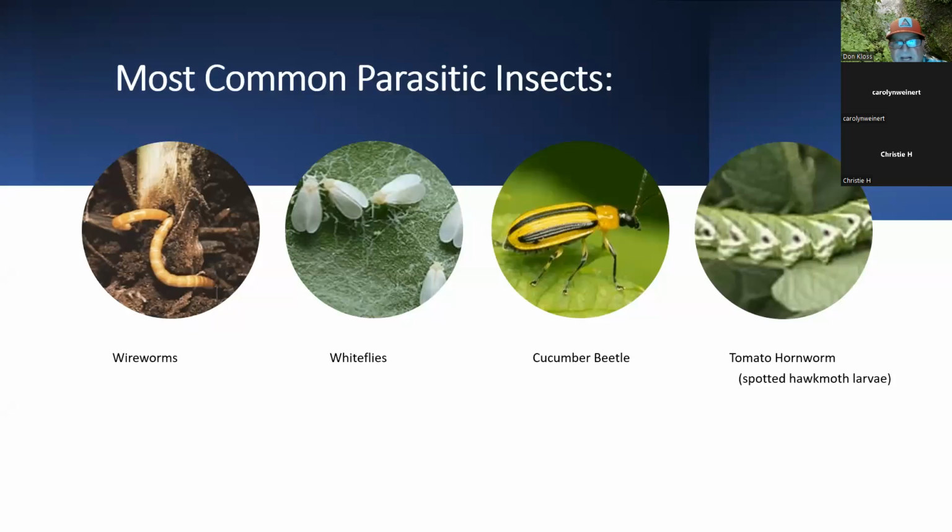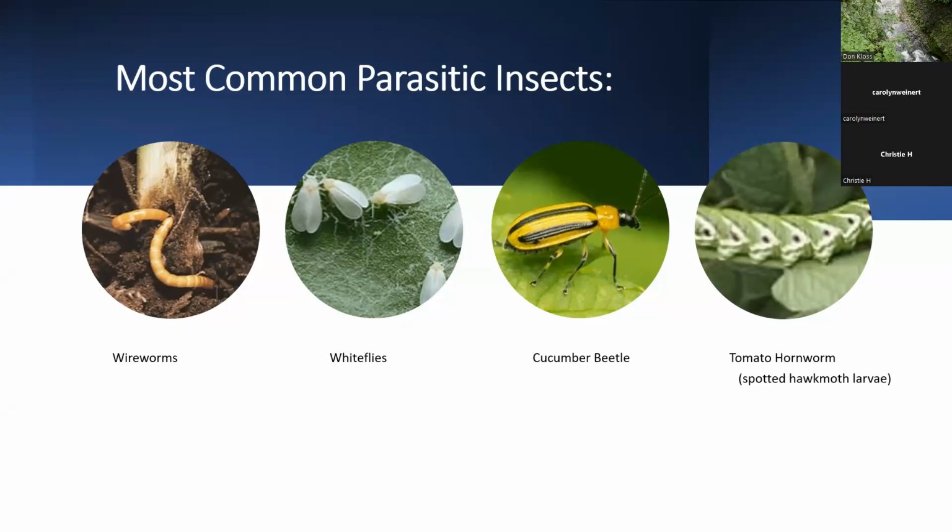So now, parasitic insects in general, these are some of the most common ones. We have wireworms, which are related to mealworms. We talked about the whitefly larvae just a couple slides ago. This is what whiteflies look like.